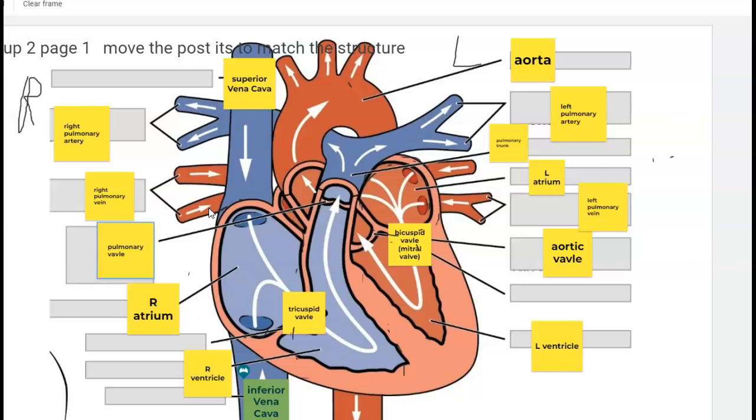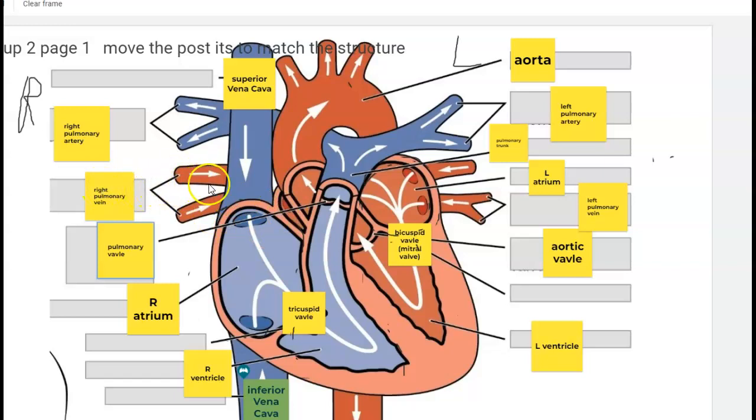The blood coming from the lungs to the heart is going towards the heart, so it's a vein, and since it's coming from the lungs, it is oxygenated. So the pulmonary vein is an example of an exception where it is oxygenated.